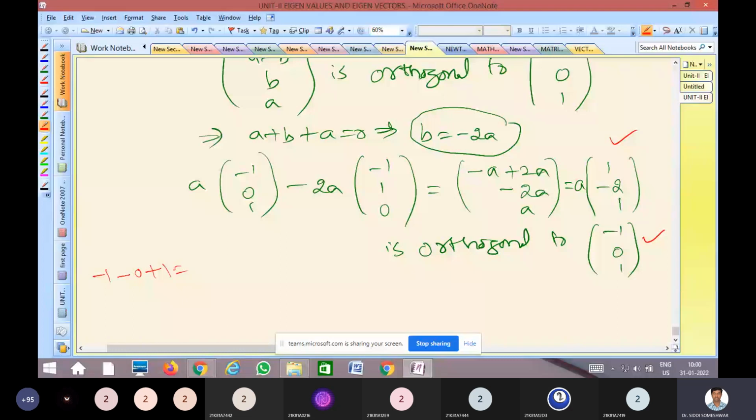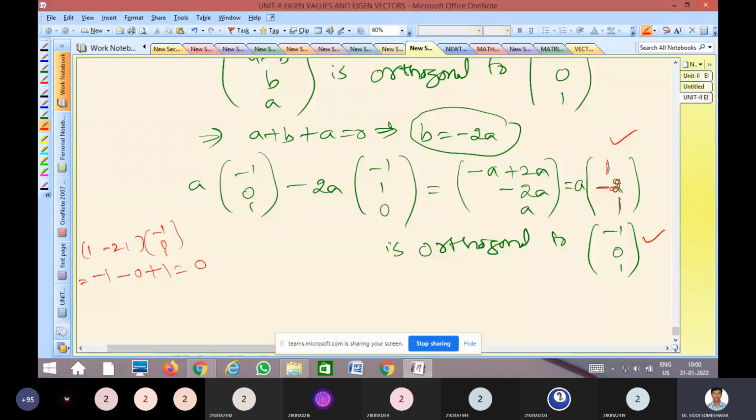It means 1 minus 2 1 into minus 1 0 1, multiply these two. So minus 1, 0, and then 1, which is equal to 0. Therefore these two are orthogonal. So this is our new vector.